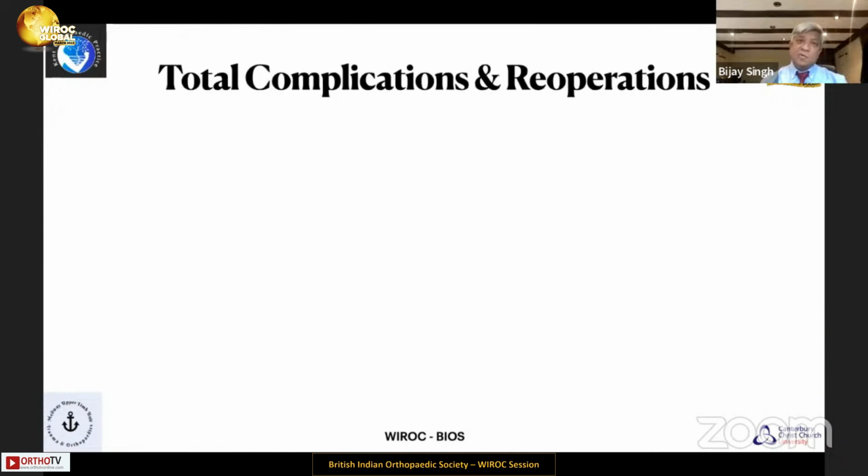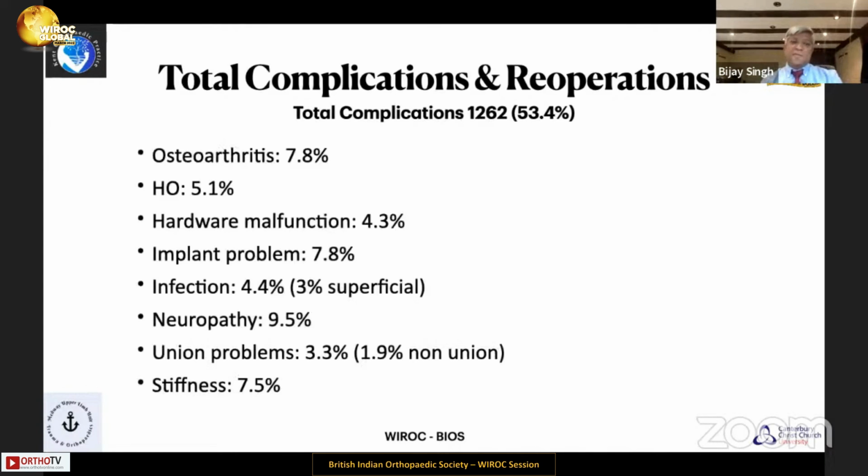If you look at more details, what it showed was 53.4% total complication and a variety of complications enumerated. Luckily, non-union is not that much of a major problem. We can see the hardware is still a significant amount of problem. The reoperation rate was nearly 21%.